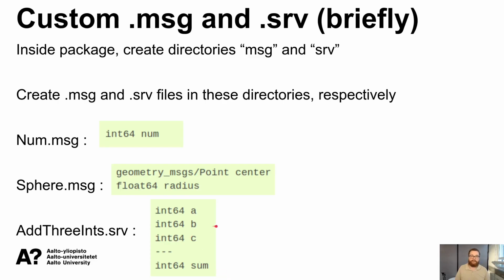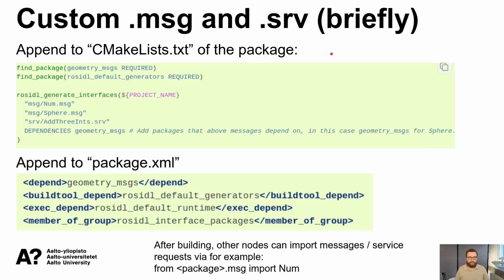This example is basically the same as the previous AddTwoInts, but instead we've added a third integer. So we have three integers as the request, and as the response we have one integer called sum.